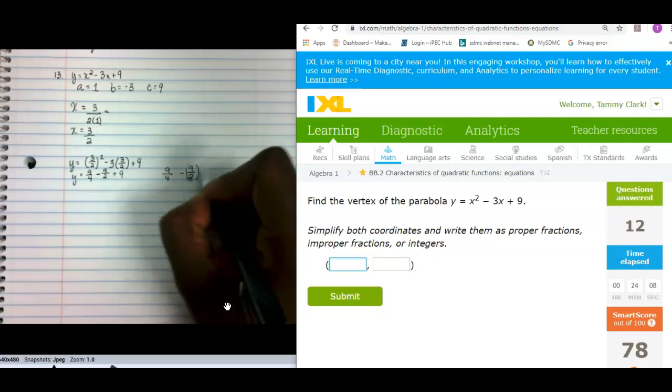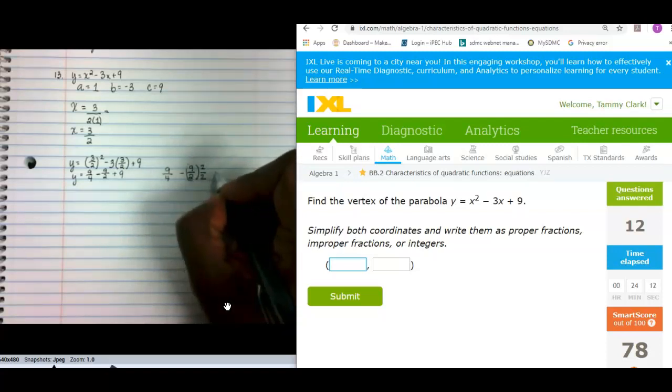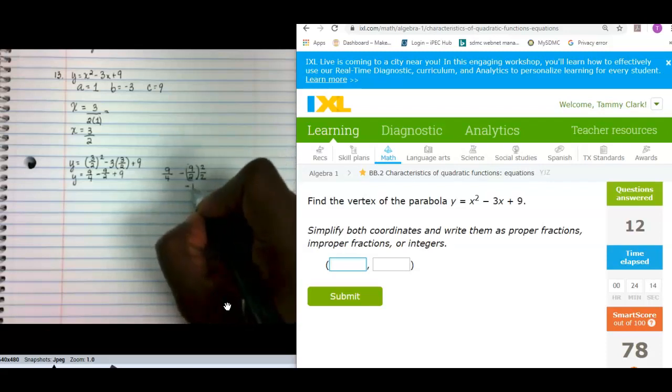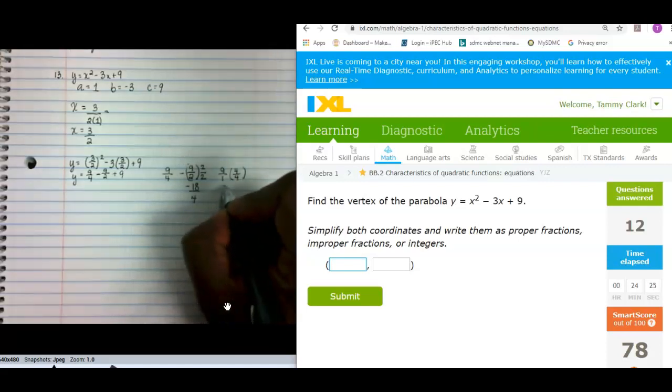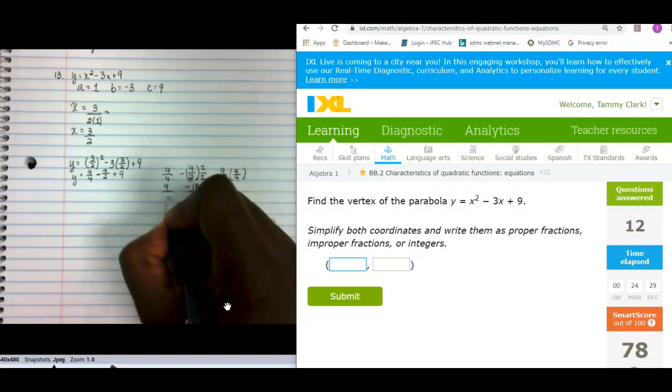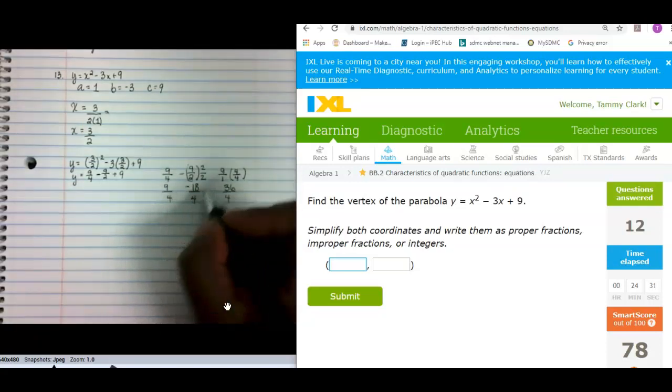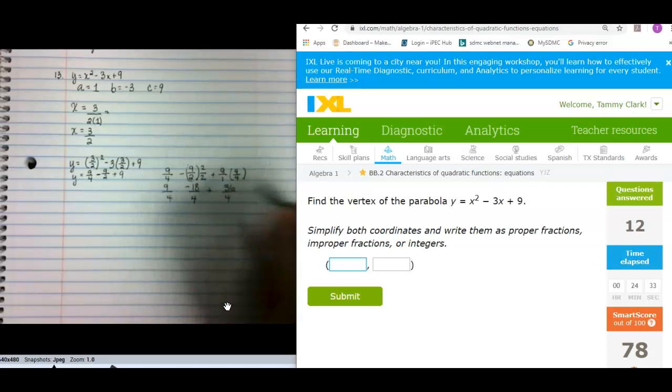I'm going to multiply the numerator and the denominator by 2. That gives me negative 18 over 4. And then I'm going to multiply 9 over 1 by 4 over 4. That gives me 36 over 4. So at this point I have 9 fourths minus 18 fourths plus 36 fourths.